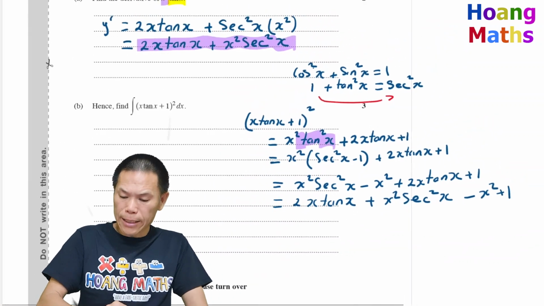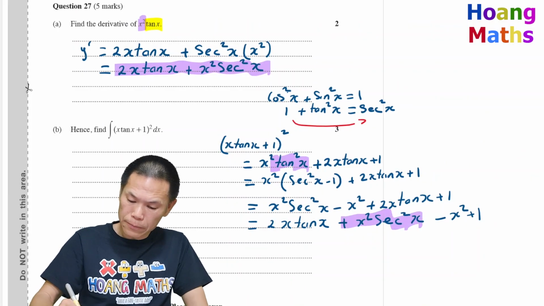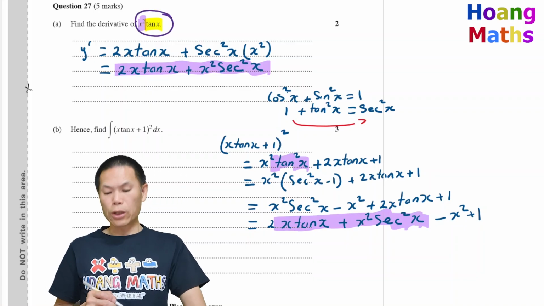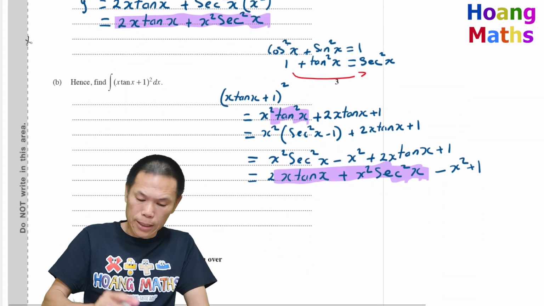This means that if we integrate this part here, it will give us x squared tan x. So keep that in mind. Now I just rewrite this underneath.